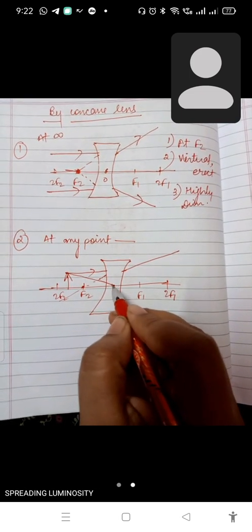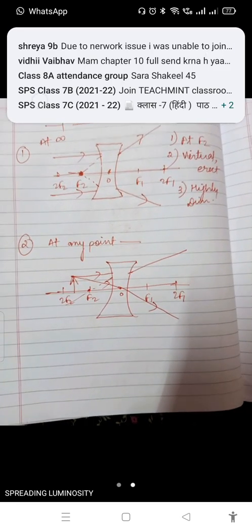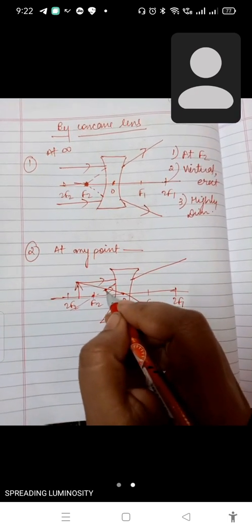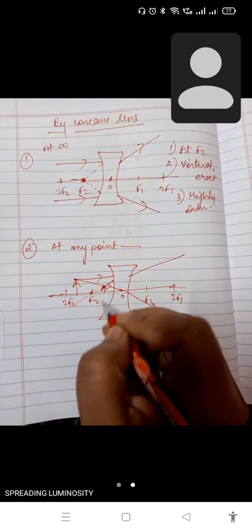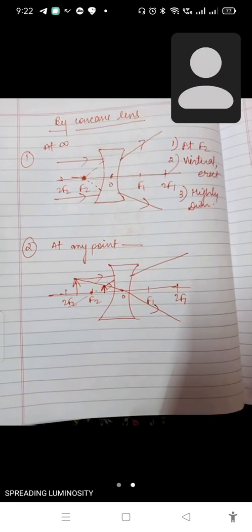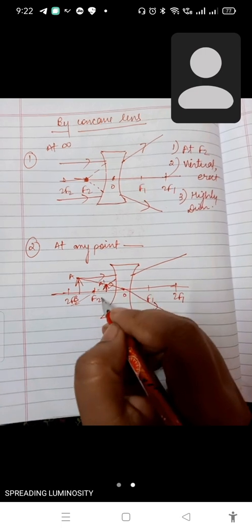The first light ray is parallel to the principal axis, so it will diverge. By constructing backward, it will pass through the focus. The second light ray, when it passes through the optical center, remains undeviated. So we see that these two light rays are intersecting at this point. Here it will also be denoted by the dotted line. This is the image of the object. If the object is AB, then this is the image A dash B dash.